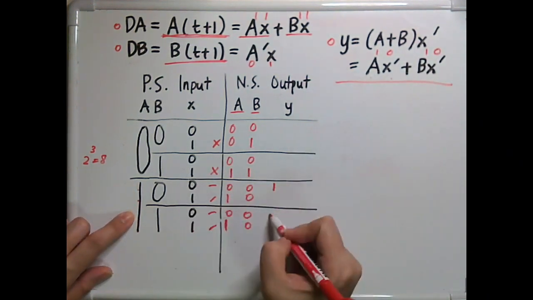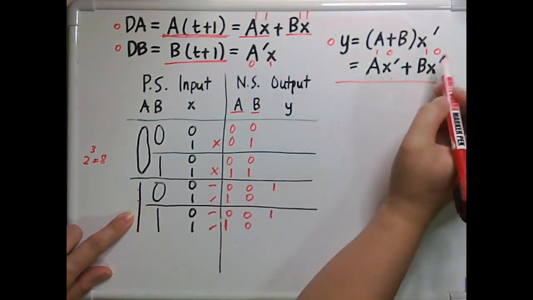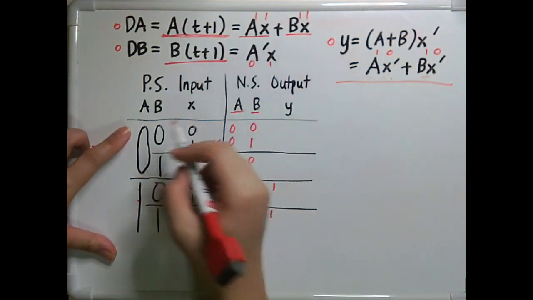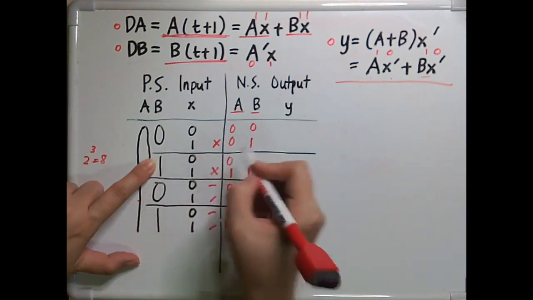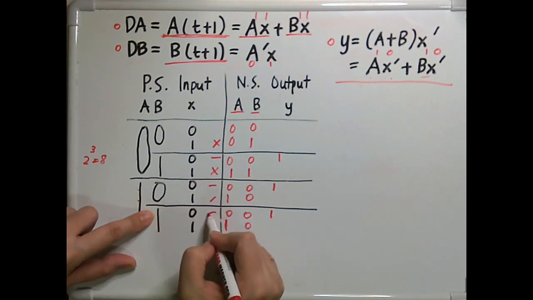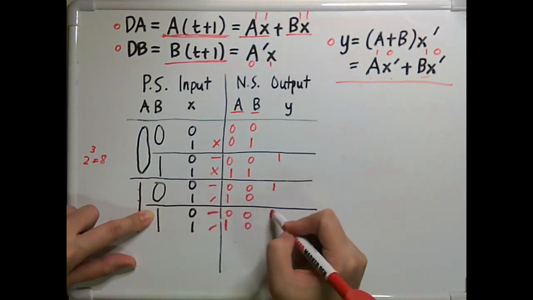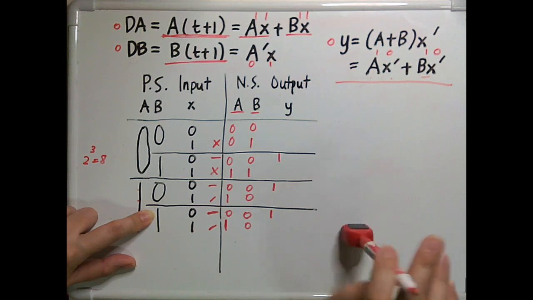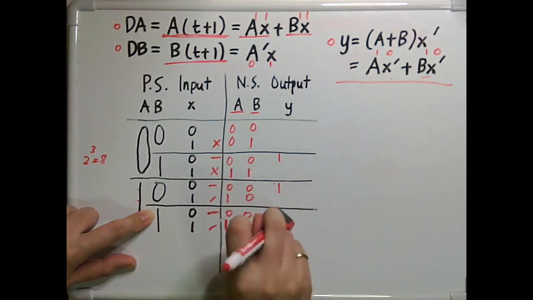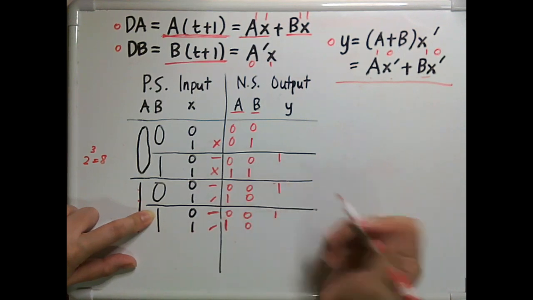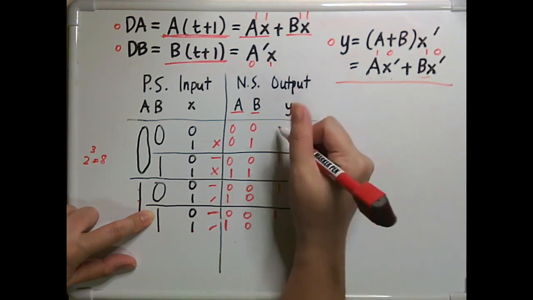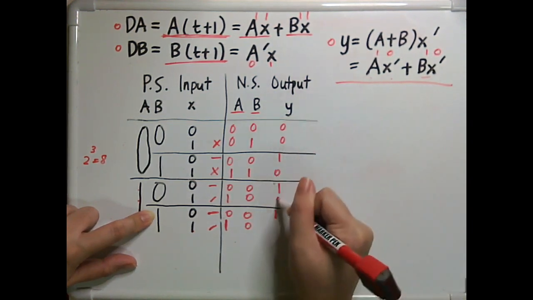Here. 1, 0. Next, we have b x prime, 1, 0 as well. So we have here 1 and 0. So here. 1, 0. Where else? Here. 1, 0. Okay. So apologies for the slanting handwriting. So anyway, there you go. So no other terms left, so the rest must be zeros.